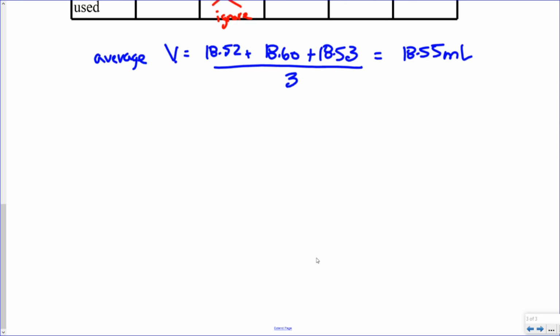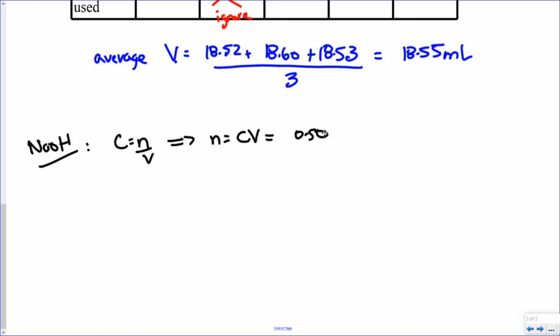So why don't we see it done one more time? So sodium hydroxide. So we know that C equals n over V. If we rearrange, that gives us n equals C times V. Our concentration was 0.50 molar, and our volume was this 18.55 milliliters.